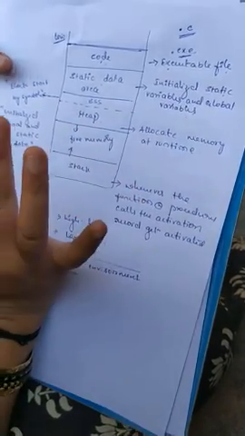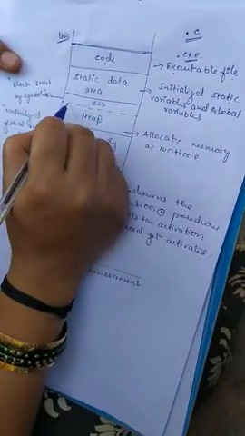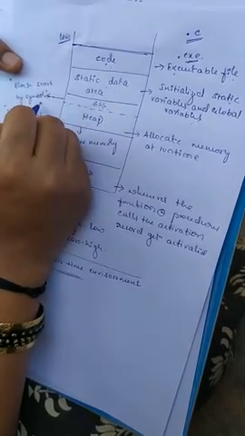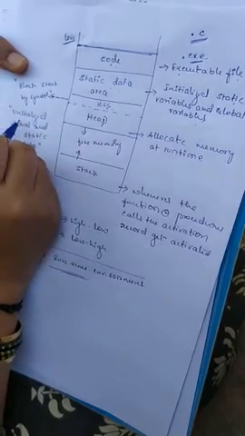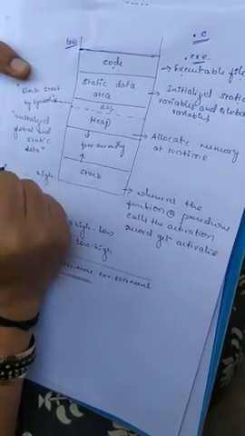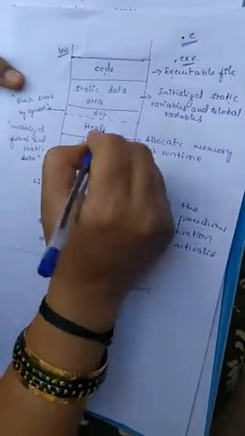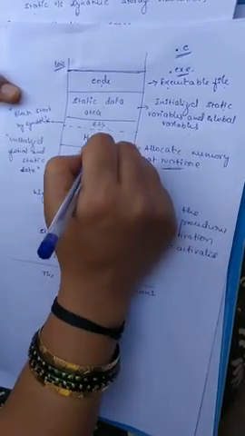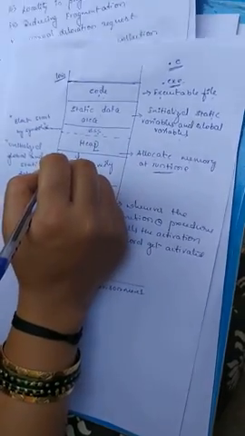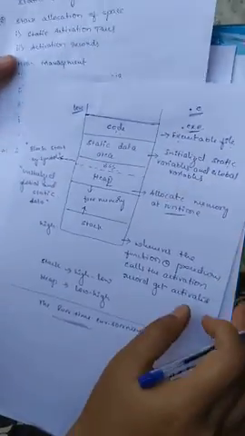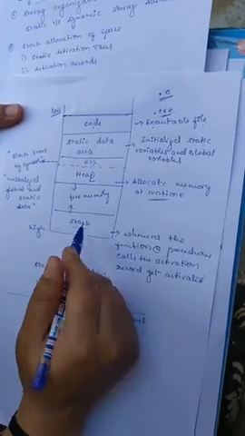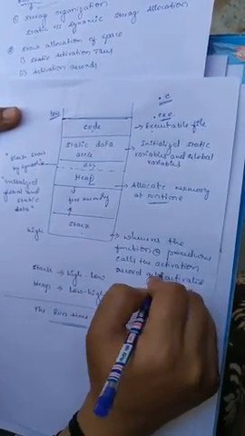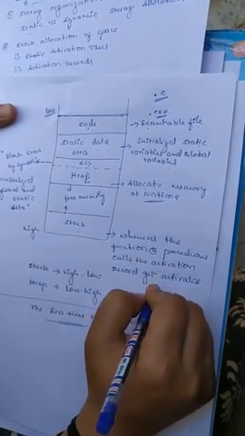The heap and the stack are used to allocate memory only. We have one more part, that is BSS. What do you mean by BSS? That is block started by symbol. We use it for uninitialized global and static data. Is clear? The heap is particularly used to allocate memory at runtime. I'll tell you later what the heap is, because we have a whole concept called heap management. The stack is basically used whenever a function or procedure is called, and the activation record gets activated.